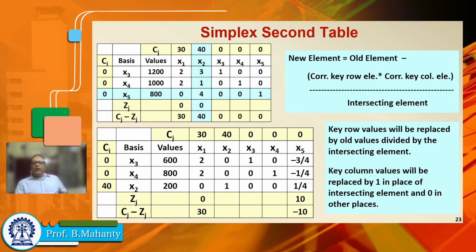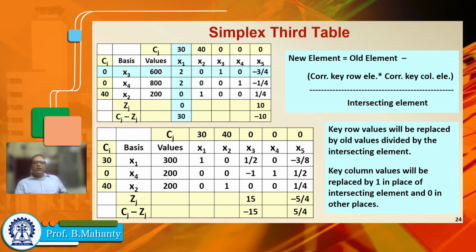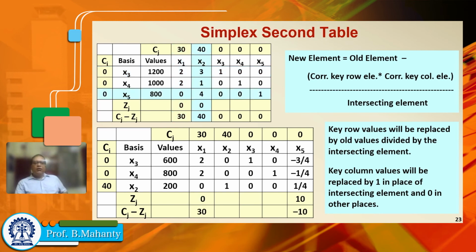So all these rules have been applied, and using these rules we have got the simplex second table from the simplex first table. Now from the simplex table, once again, you can tell which one should be our entering variable and which one should be our leaving variable.